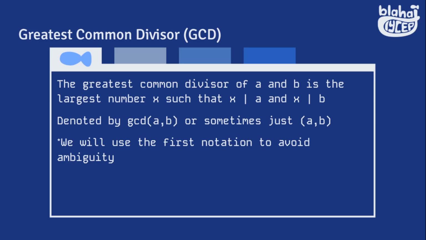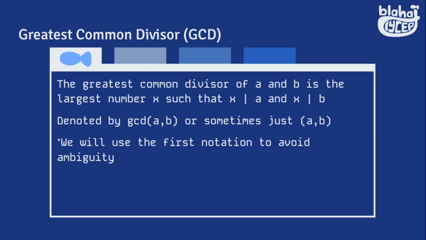So let's say that we have two numbers, 6 and 9, and we know that 6 is equal to 2 times 3 and 9 is equal to 3 times 3, where 2 and 3 are primes. So the largest number that divides both of them is 3. So the GCD of 6 and 9 is 3. Everyone following? So this is the concept of GCD.